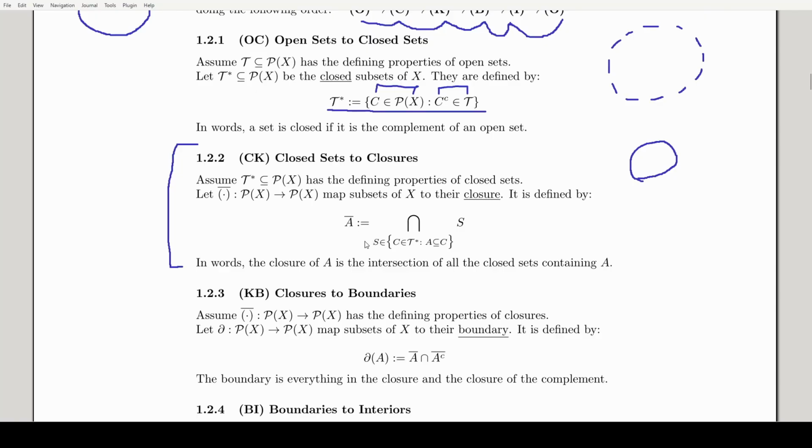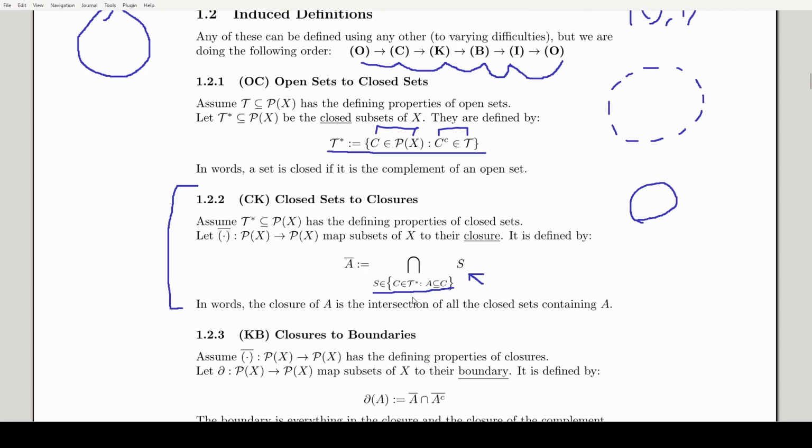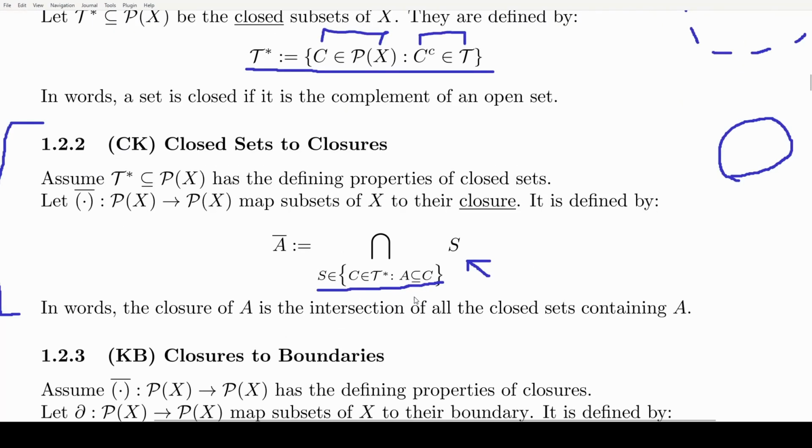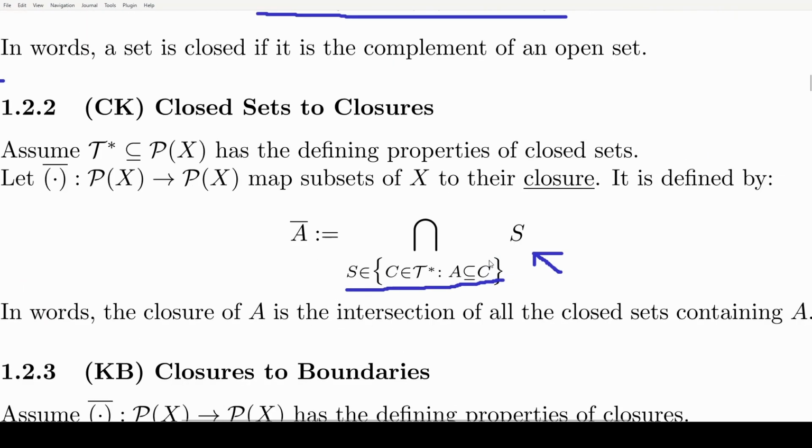And it is the intersection of all of the closed sets containing A. So why is that? The closure is the smallest closed set containing A, and this happens to fulfill that. It's the smallest closed set because it's smaller than every closed set.